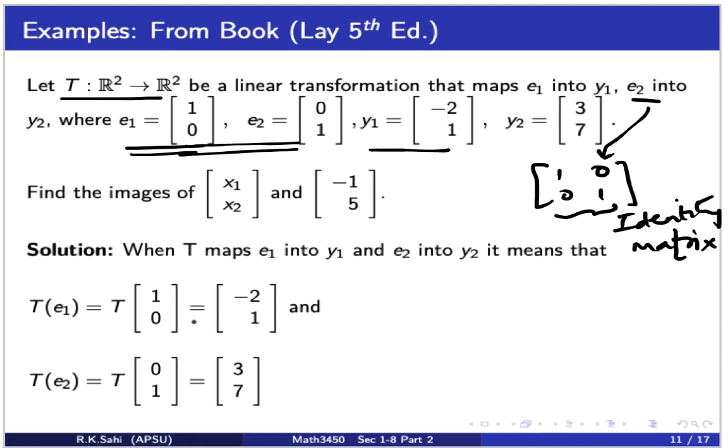So T of E1 is minus 2 and 1. T of E2 is 3 and 7. The question is find the images of x1, x2 and minus 1, 5.